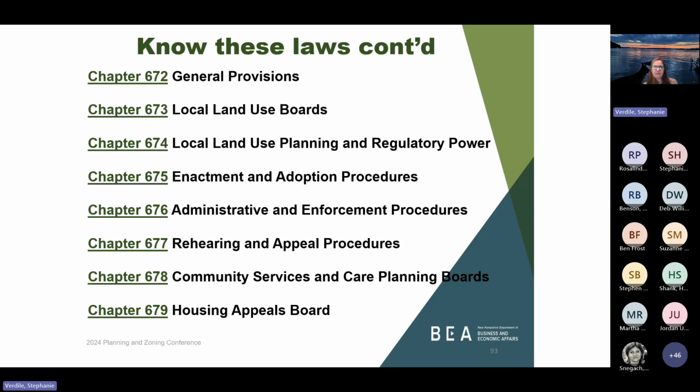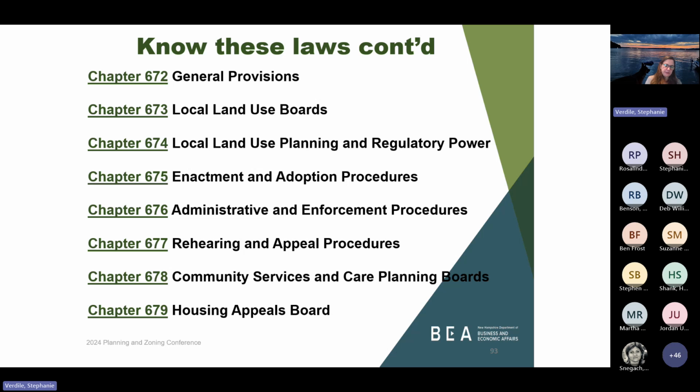But 676 deals also with 675 is the methods and procedures for land use regulations and for noticing. There's also a question about, do town planning boards have 5 or 7 members with the same number of alternates? Let me look up.